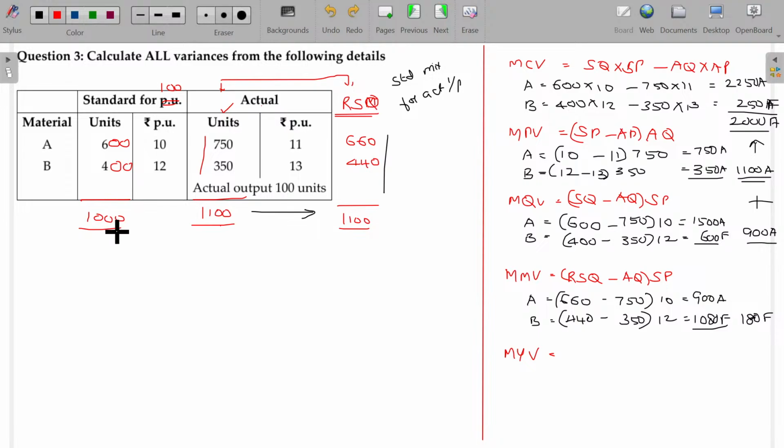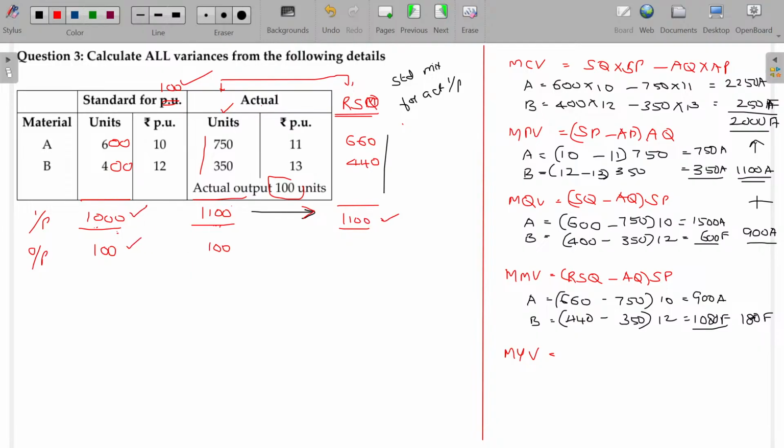For 1000 units, what could be the output? 100. For 1100 actual input, what is the output? If the same input with a standard proportion, if I give, output should be in what ratio? Standard output ratio. It means for 1000 input, you will be getting 100 output.